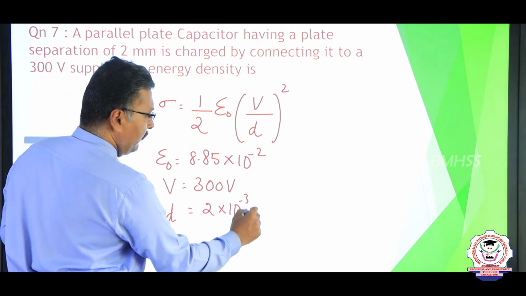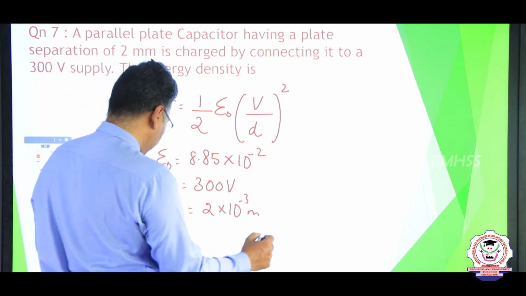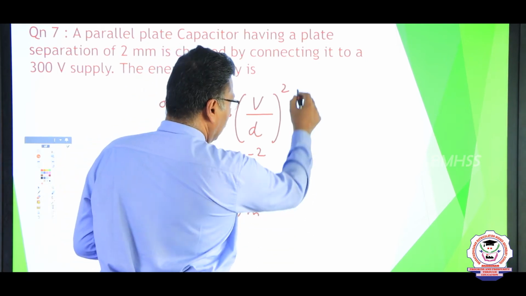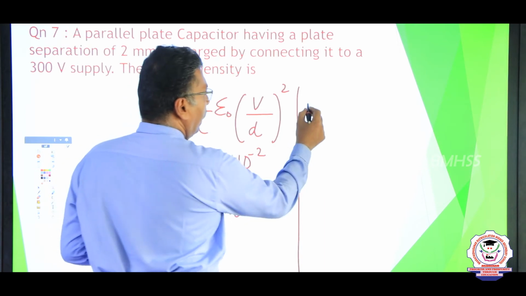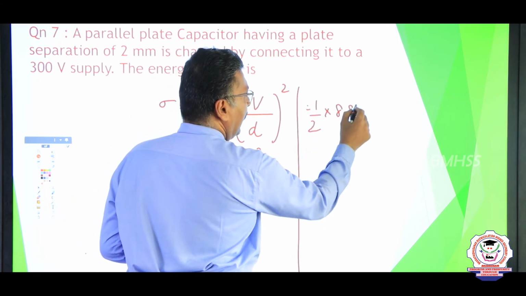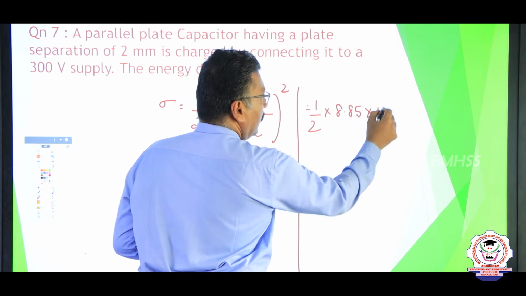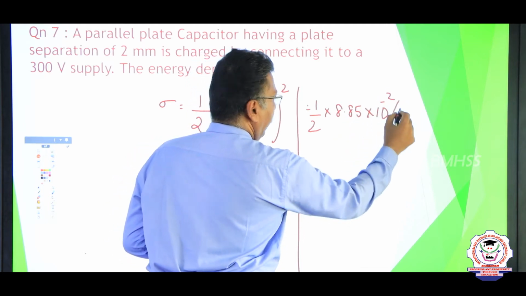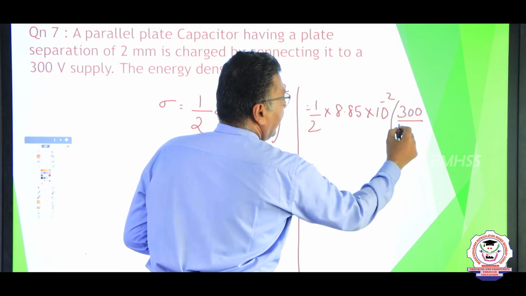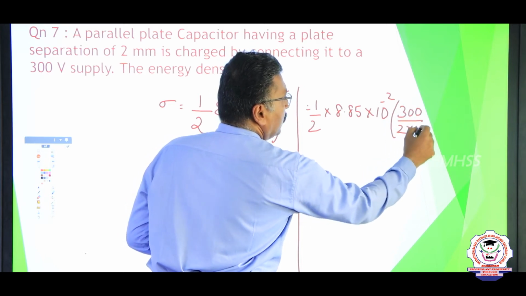So it's a very simple question of substituting the values, so you get half into 8.85 into 10 to the power minus 12 into 300 by 2 into 10 power minus 3 the whole square.